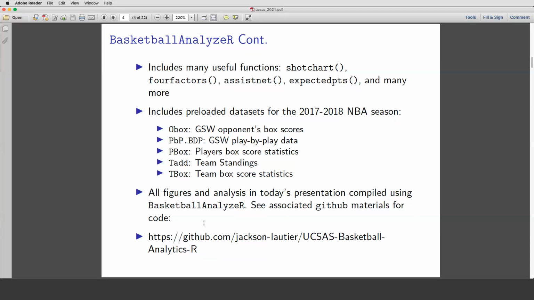You can just download the R code yourself, and you can even run these alongside with me, or keep the slides to the side and try to recreate the figures. There's a little bit of a nuance I'll talk about later, but with this package, the introduction in today's presentation, and the code on this website, I think you'll be up and running pretty quick, and you can do some neat stuff.